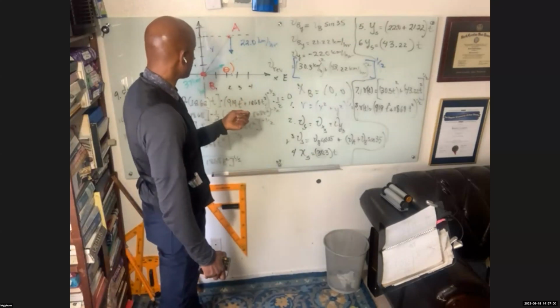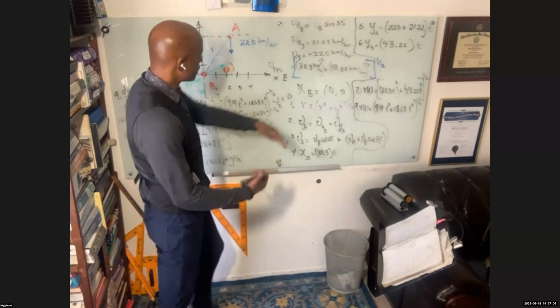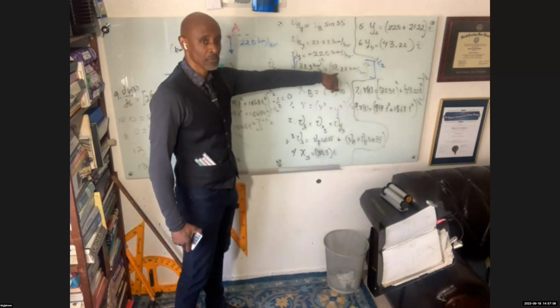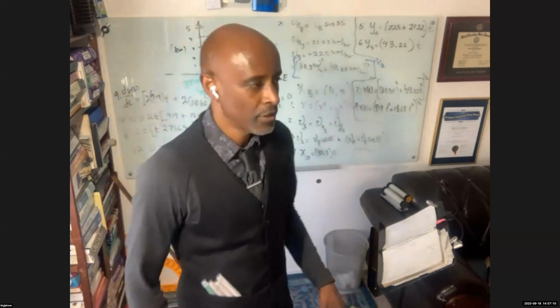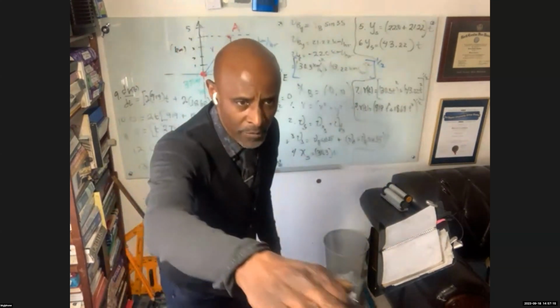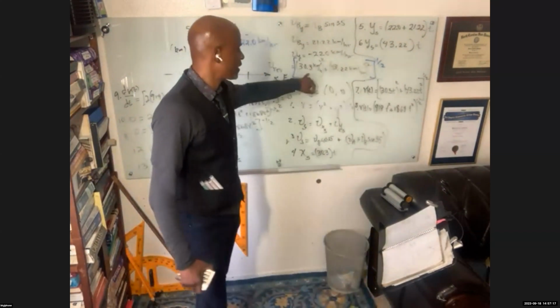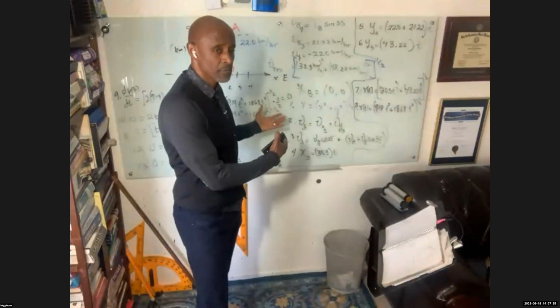And the Y component should be this thing, the 43.22. So Kimberly, is that what you get for answers A and B? What are the answers that they give for yours? Kimberly, because we're using Kimberly's numbers.